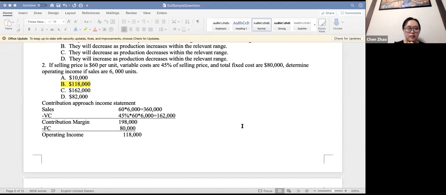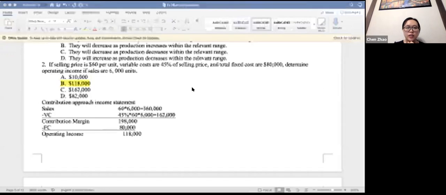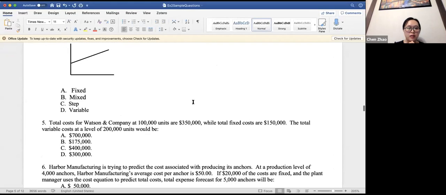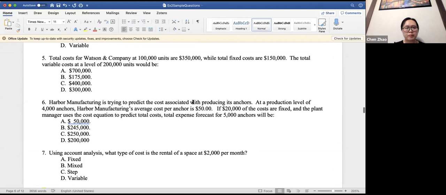Let me see. Okay, let's look at some other questions since we have time. So let's look at question 5. So this is another example regarding how to figure out our cost function.